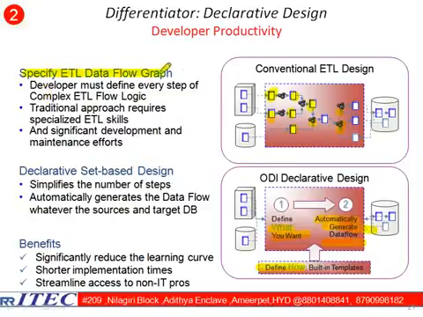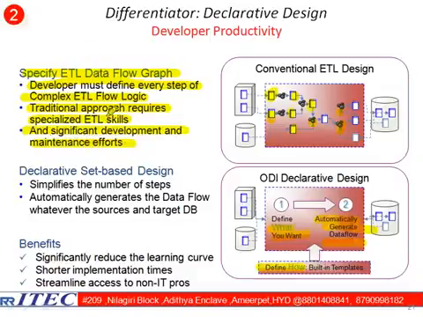Specify ETL data flow graph: the developer must define every step of complex ETL flow logic. Each and every step has to be defined here. If you go for the traditional approach, it requires specialized ETL skills, too many ETL skills are required to achieve that. Third, it adds significant development and maintenance effort.